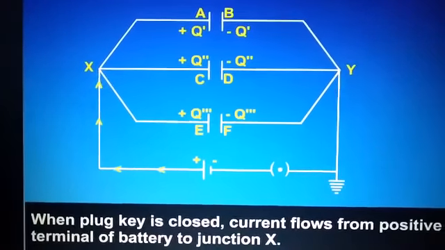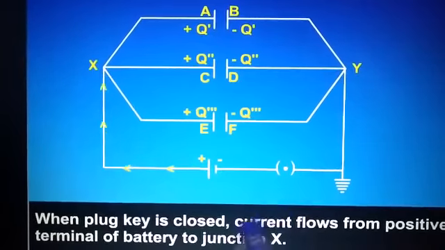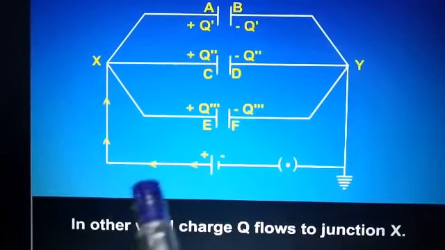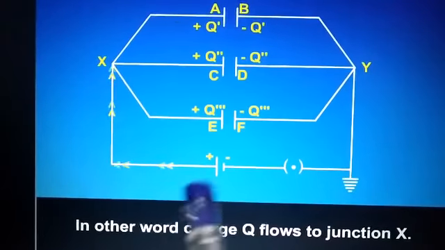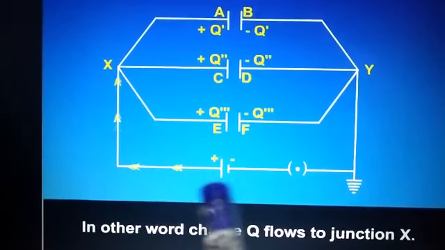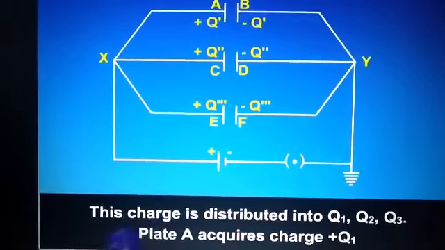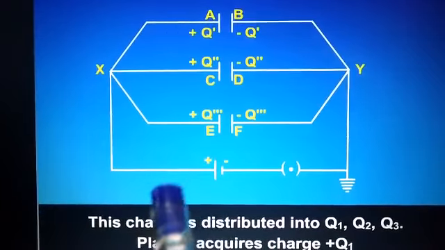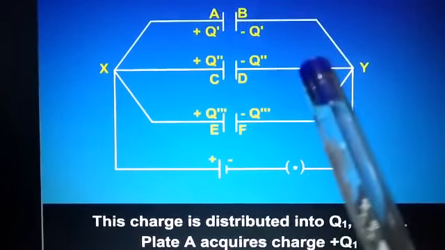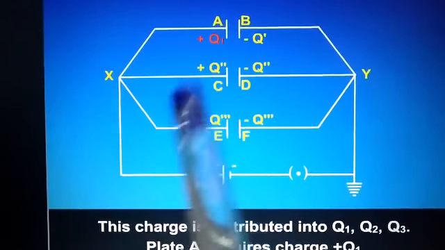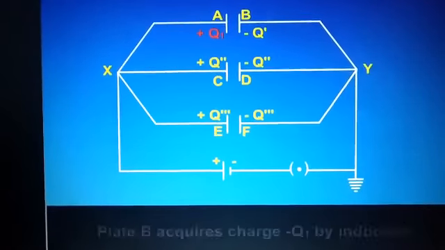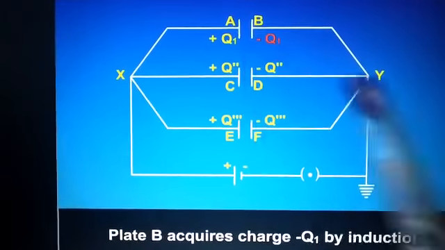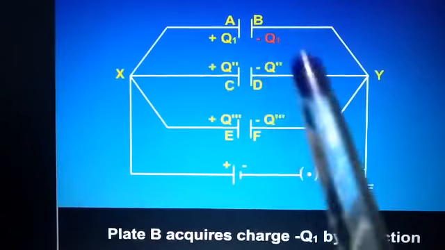When the plug key is closed, current flows from the positive terminal of the battery to junction X. In other words, charge Q flows to junction X. Current flows means charge flows. This charge is distributed into Q1, Q2, Q3. Plate A acquires charge plus Q1 and plate B acquires charge minus Q1 by induction.